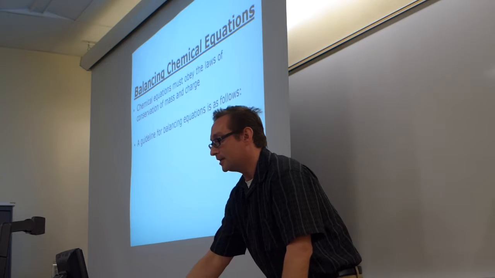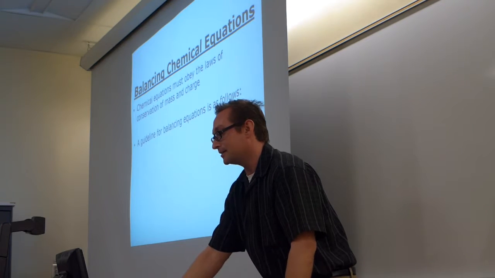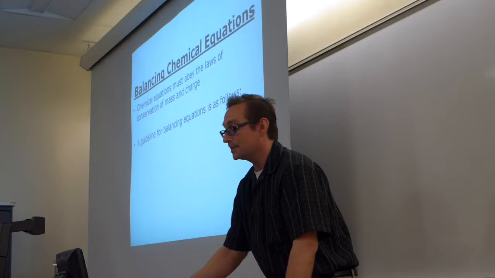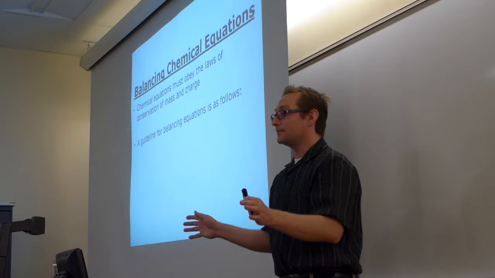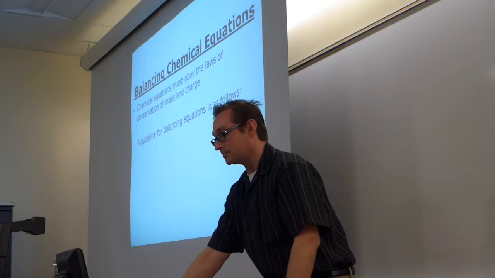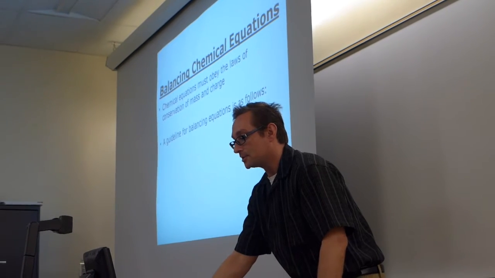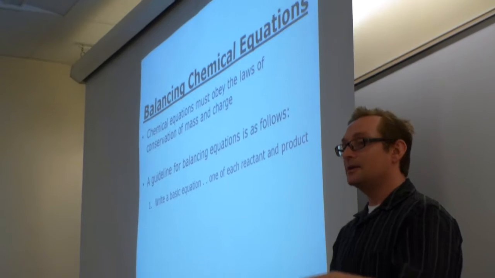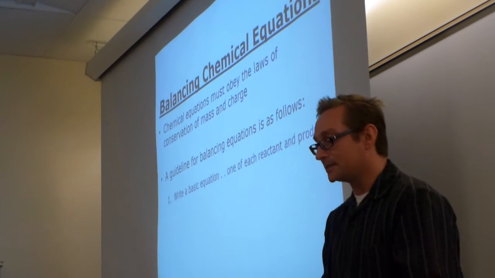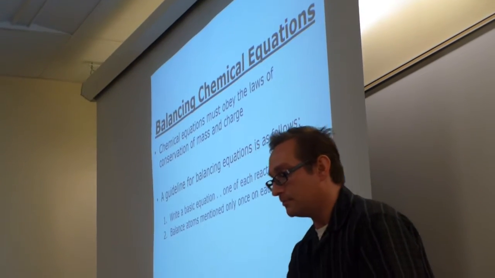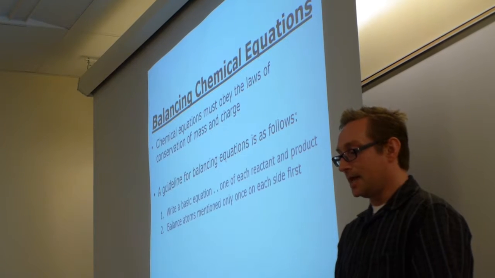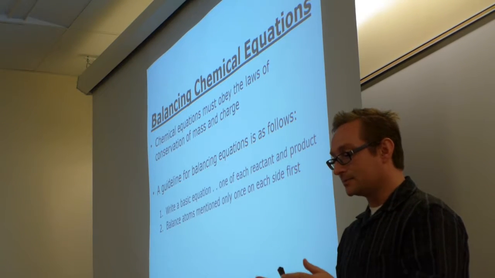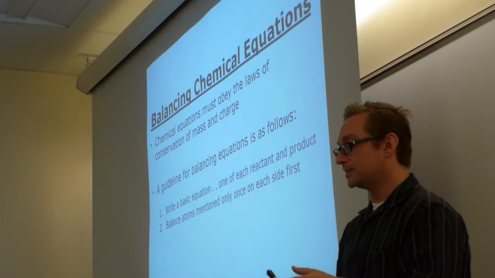Okay. So here's the guideline that I say you should follow for balancing chemical equations. It's different from how I've seen it in any textbook. It's just how I verbalize it. The first thing you want to do is write a basic equation, one of each reactant and product. Most textbooks will also say this. But here's the way I do it differently: balance atoms mentioned only once on each side first.